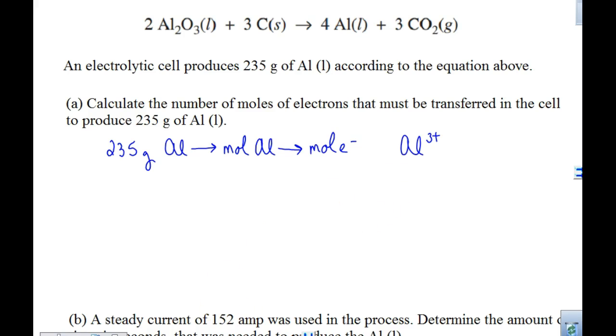Okay, so when we write this out, it looks like this. 235 grams of aluminum. And then we use molar mass, so 1 mole of aluminum has a mass of 26.98 grams.